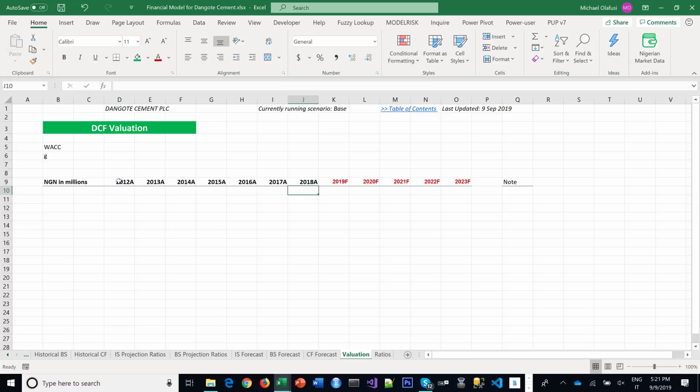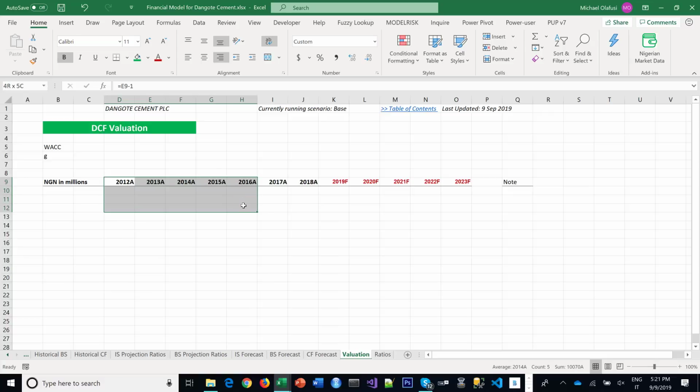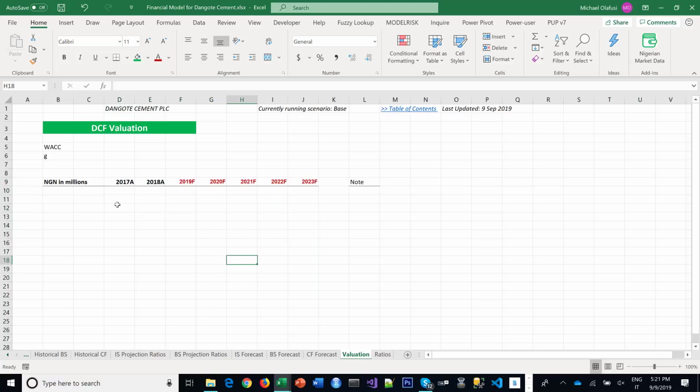We don't want to worry ourselves about the past that much, so I can safely take out the past because we're going to start from today forward. So I can take this out. Maybe let me just take out some of them, not all of them, at least for effect.